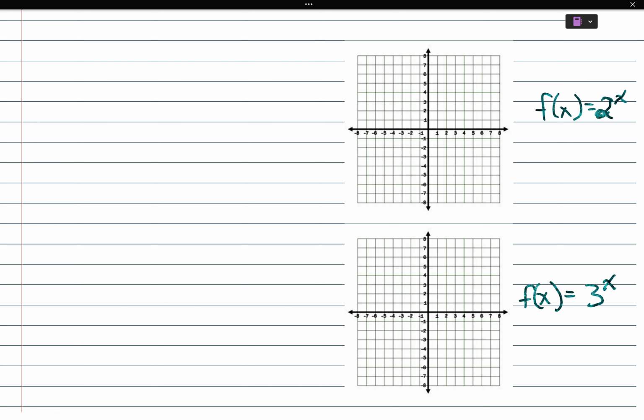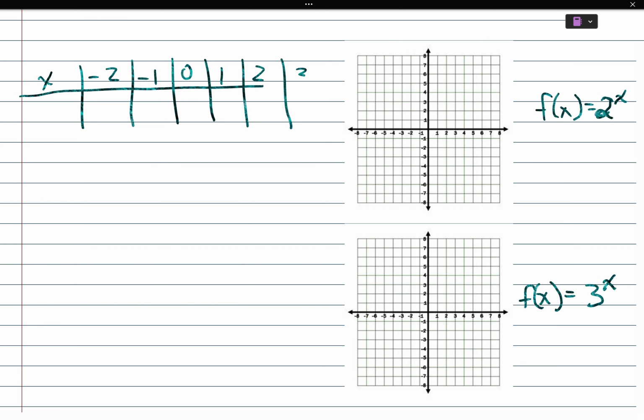First, I'm going to make a table of ordered pairs, with values of x: -2, -1, 0, 1, 2, and 3. Then we'll have f of x, which is 2 to the x power, and you just plug those values into your function.